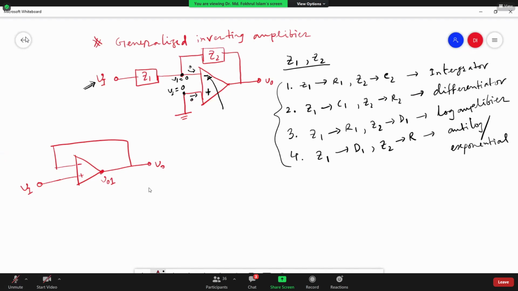We can modify it a bit if we connect a load.